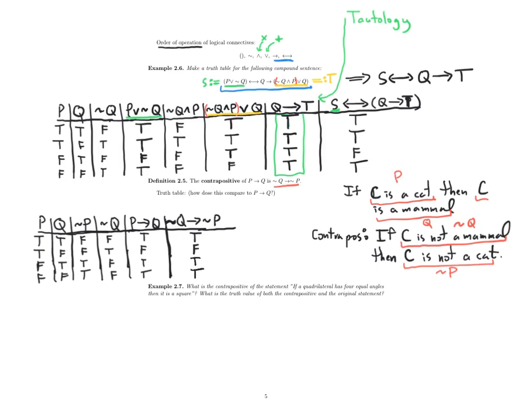And what we notice here, look at this. The truth values for P implies Q and not Q implies not P are the same in each situation. We know that P implies Q is only false when P is true and Q is false. We know that not Q implies not P is false exactly when P is true and Q is false.